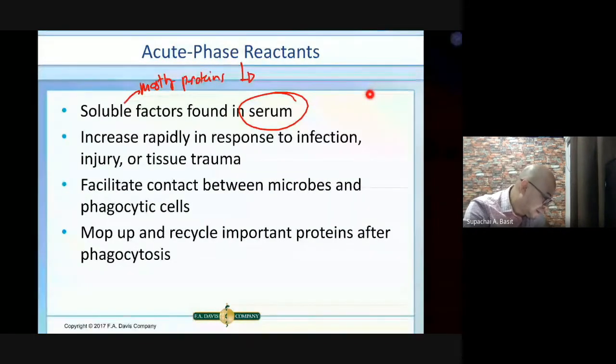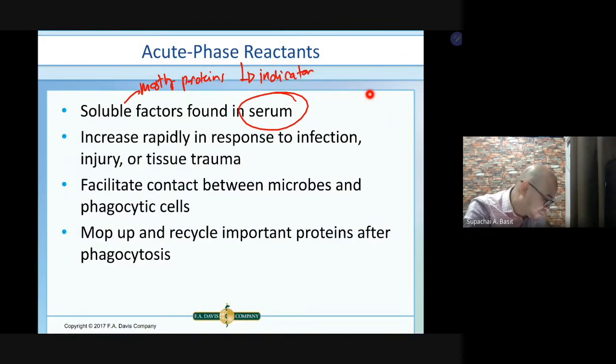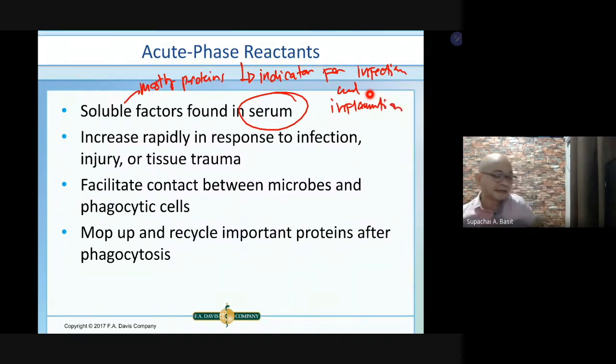Therefore, these acute phase reactants could serve as an indicator for infection and inflammation. These are being used by physicians to assess, because they serve as an indicator for infection and inflammation. Now, the acute phase reactants will facilitate contact between microbes and phagocytic cells, so somehow they can also enhance phagocytosis. They can mop up and recycle important proteins after phagocytosis.